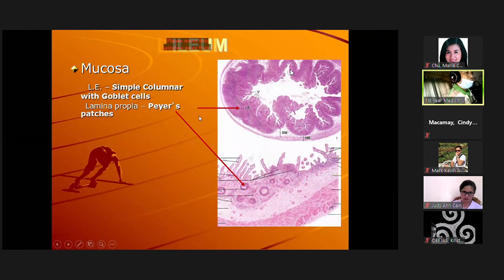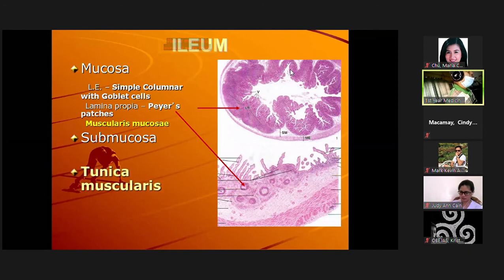Anyway, muscularis mucosa. You have there the smooth muscle, still part of the mucosa. Anyway, this will be discussed when we go to the specific organ.